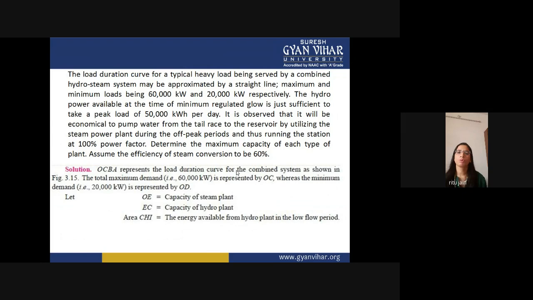So the maximum load of this hydro steam system is 60,000 kilowatt and the minimum load is your 20,000 kilowatt respectively.